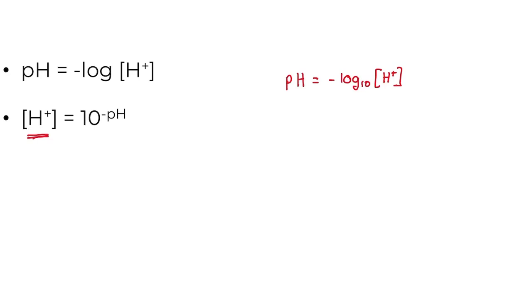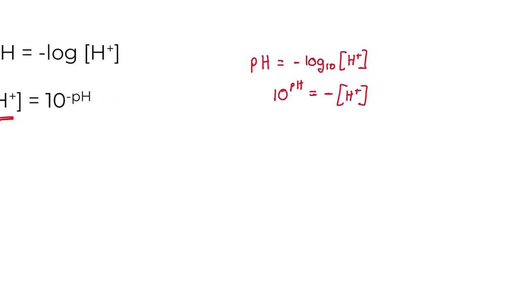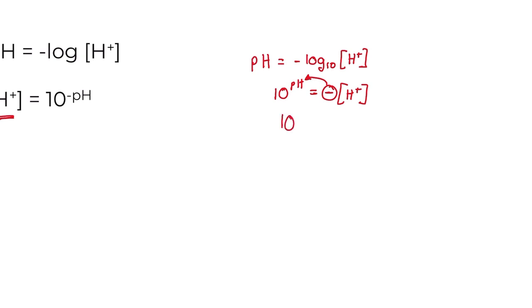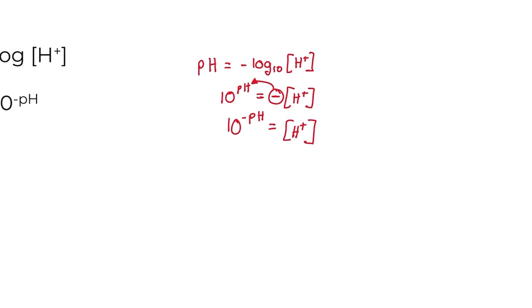What this actually means is 10 to the power of pH equals negative hydrogen ion concentration. Okay, and if you do maths, this will make sense. And because there's a negative there, we're going to bring this negative up here, and we would have 10 to the power of negative pH equals the hydrogen ion concentration.